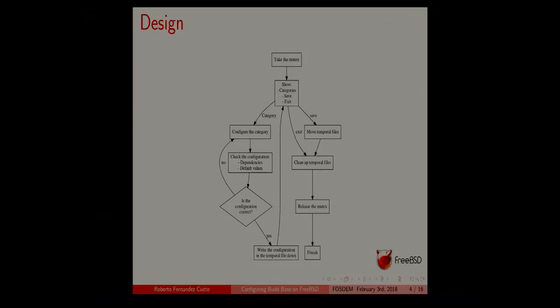For each category, we present the options to the user, so he can choose which options to activate and which options to deactivate. When he's satisfied with his choices, we check the configuration, we check the dependencies of the build options, if there are any, and if they are satisfied.